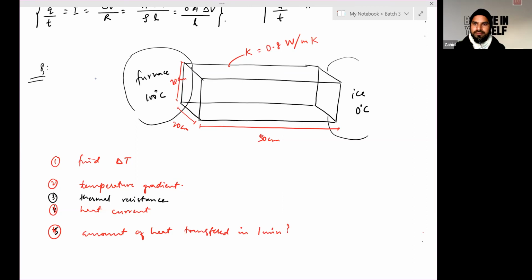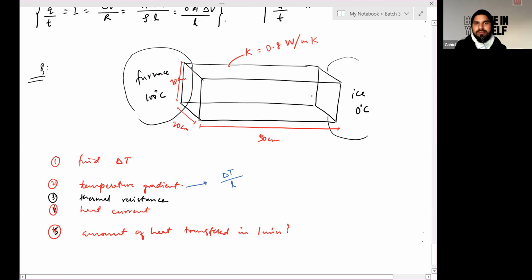Temperature gradient is change in temperature divided by length.